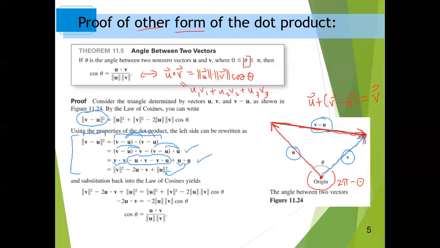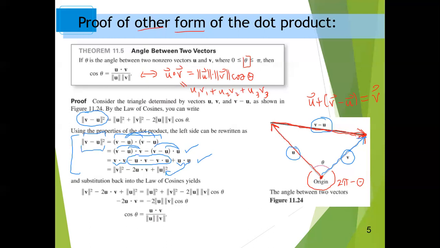We've just used those properties on the previous slide to show that the length of v minus u squared is equal to the length of v squared minus 2uv plus the length of u squared. Doesn't that feel a little bit like multiplying out a binomial? It sort of feels like we're doing that, but it's weird here because we have some dot product and length stuff going on, okay?